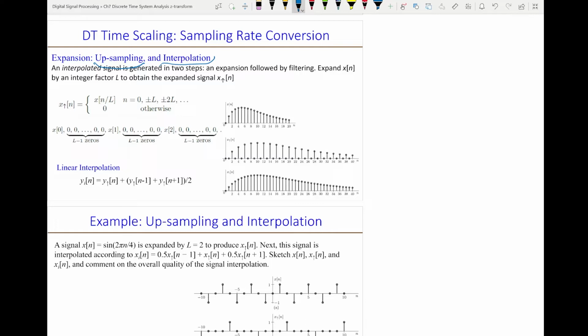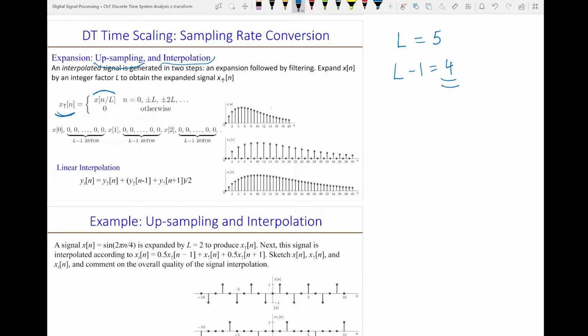And mathematically, we express upsampling with this upward arrow, and it's the old signal at n divided by L. So if I upsample by a factor L equal 5, that means I will insert L minus 1 zeros between samples. So that means 4 zeros I will be inserting between samples.